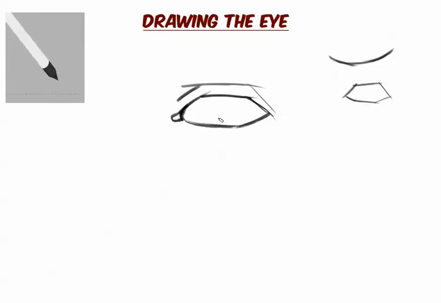And drawing the iris. Now remember the pupil sits pretty close to the top there. So we can go ahead and draw that. Then we draw the iris. Then we put the highlight in, and then we just start shading. So that's a simple look at the eye. You can put the eyelashes in, just like that.